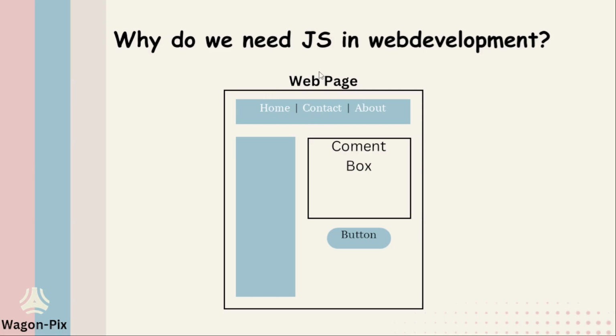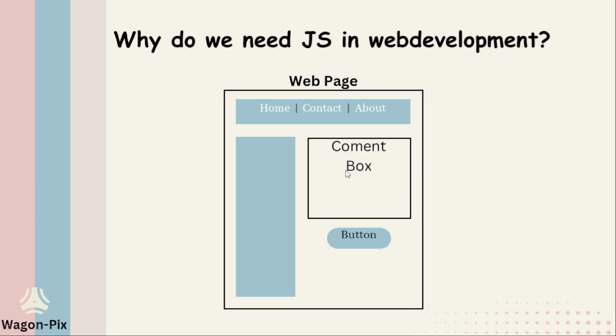Imagine that you are building this web page. You design the home, contact and about buttons, the background color, the left side menu, the button, and the comment box. You designed everything, and this can be done in HTML and CSS. But when a user types something and clicks on the button, you cannot handle the logic in HTML and CSS to send the content in the form of mail to the owner.